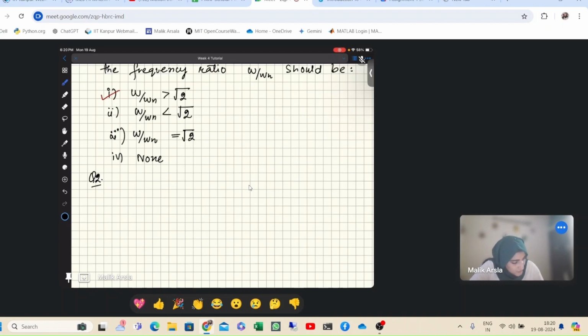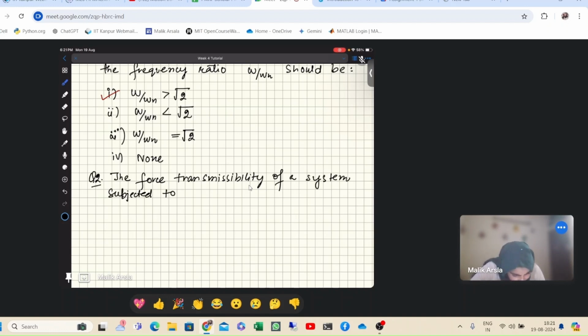Okay, so the next question is: the force transmissibility of a system subjected to base excitation with amplitude Y, resulting in a transmitted force Fr, is.